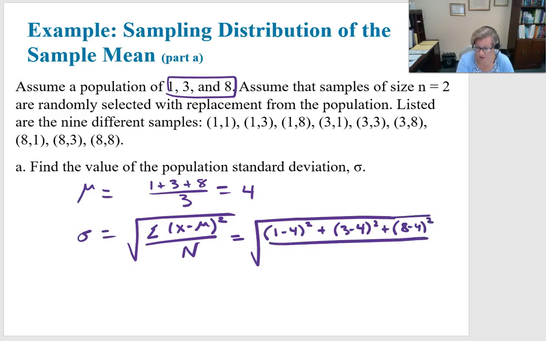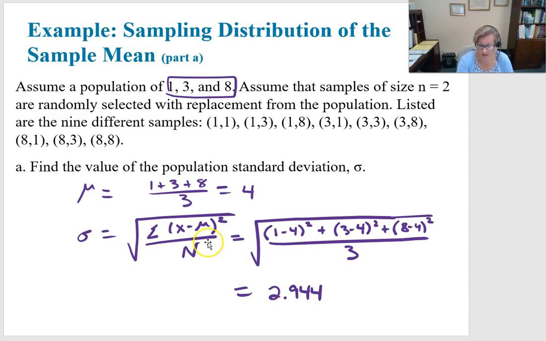So again, you can put that all in your calculator all at once. And then whatever that is, you're going to divide by 3, and then take the square root of it. You maybe do it in steps, do this one first, and then divide by 3, and then take the square root. But you should get 2.944. So again, be really comfortable with your calculators because that is going to help.